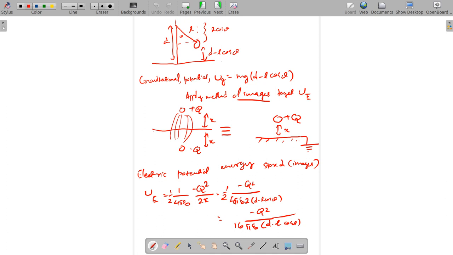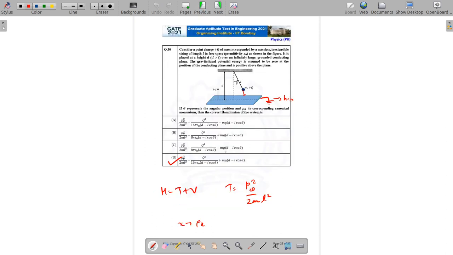They have said that here you have to take height 0. So the height from this point to here is d minus L cos theta. That will give you a gravitational potential which is mg times d minus L cos theta. So that's how you get the gravitational potential energy. All of these options have this mg(d minus L cos theta).